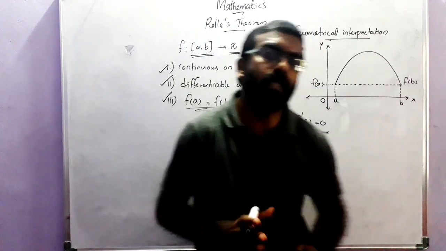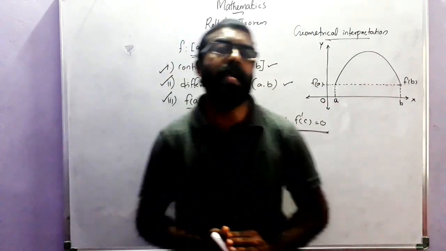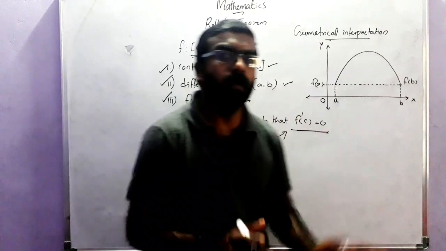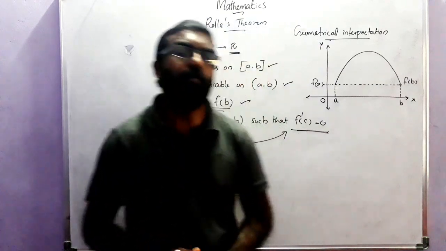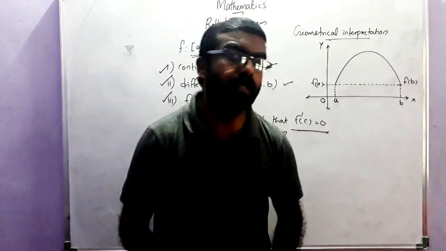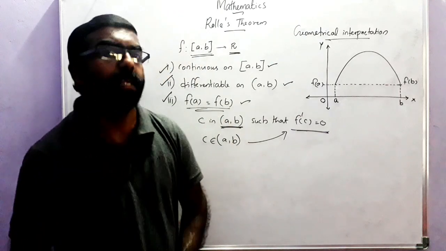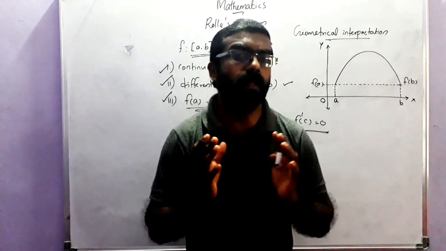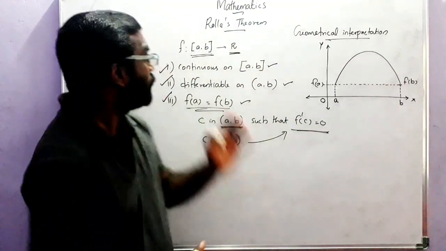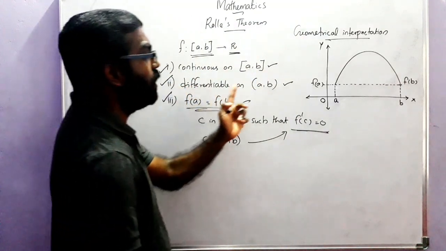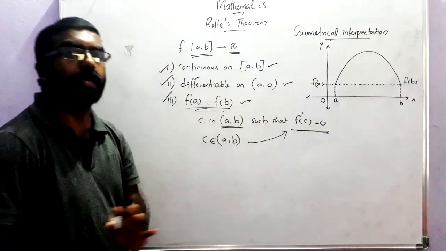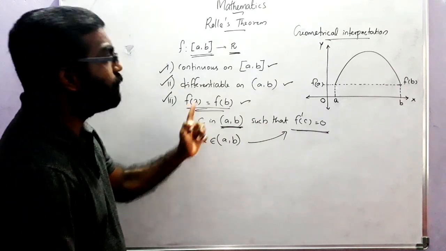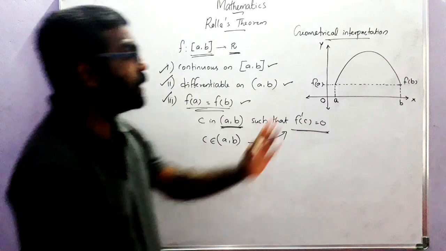Derivative in the geometrical sense means slope of the tangent. On the curve, except the extreme points, we can draw tangents and find the slope of the tangent. So slope of the tangent means dy by dx or the derivative. So the function is differentiable on open interval (a, b). Clear? And the third one is f of a is equal to f of b, that we already discussed.